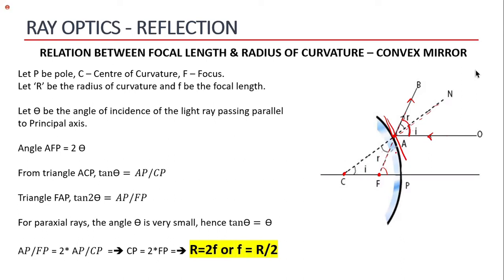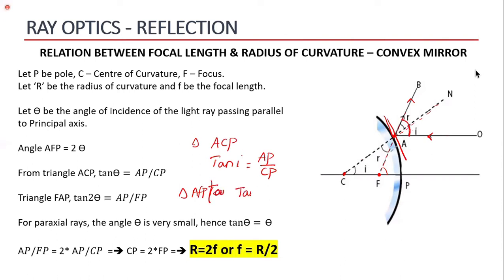So angle ACB. Tan I is equal to AP by CP. Then take angle AFP.